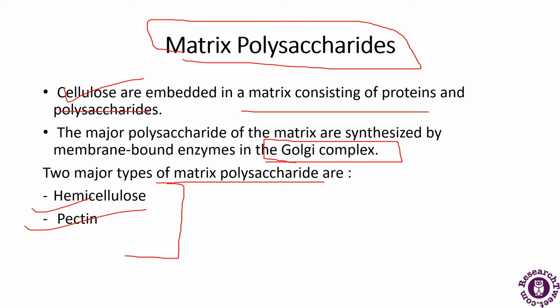It forms connections between plant cells, adjusts the pH and ion balance, recognizes foreign molecules to alert the cell to the presence of microbes, and establishes cell wall porosity. So these are the two major categories of matrix polysaccharides.